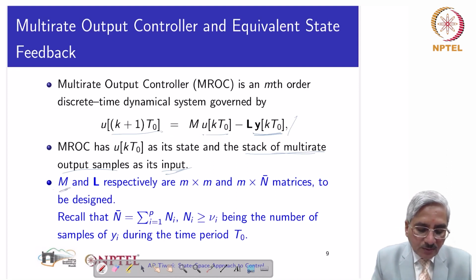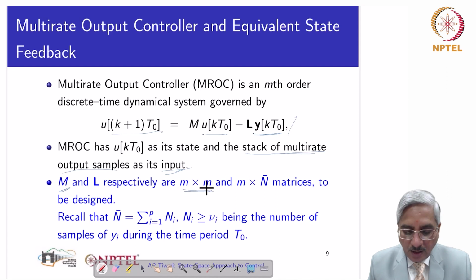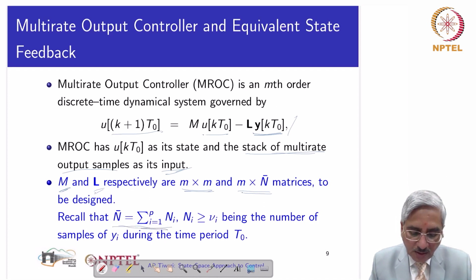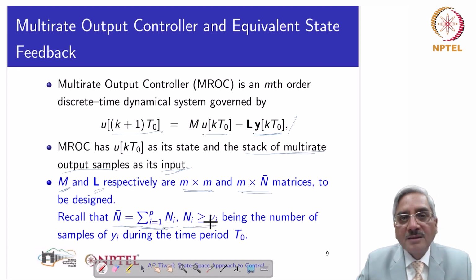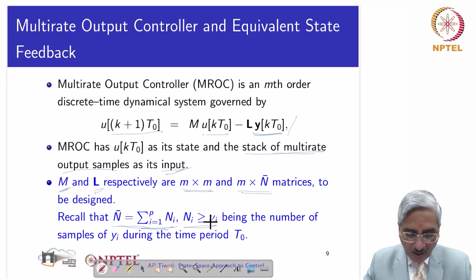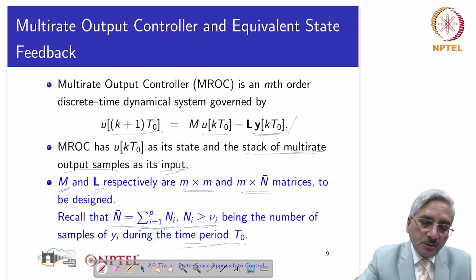M will have the size m by m, and bold L has the size m by n bar, and both are to be designed. This n bar is the summation of all the N's, and all capital N's must be greater than all the nu i's, the observability indices of different outputs, corresponding to the sampling at the rate of T0. So these are to be satisfied.